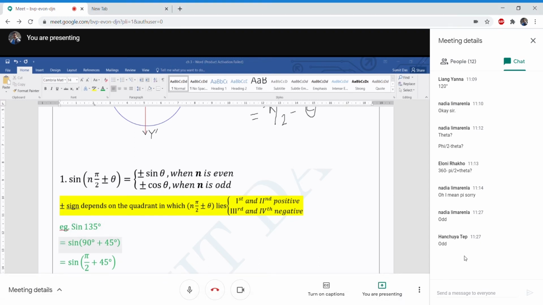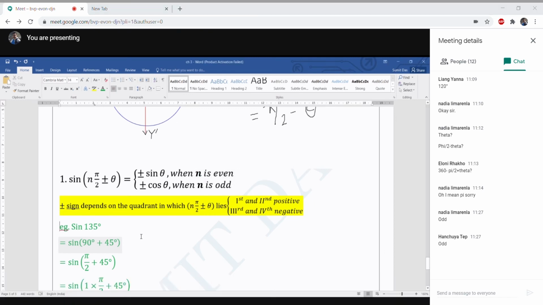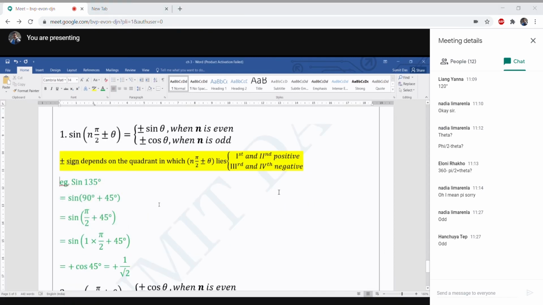Let me see, any doubt? No doubt. I was asking if you're having any doubt about this last example. So I am explaining again because this is very, very important.